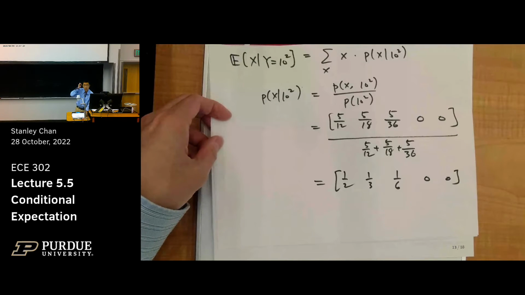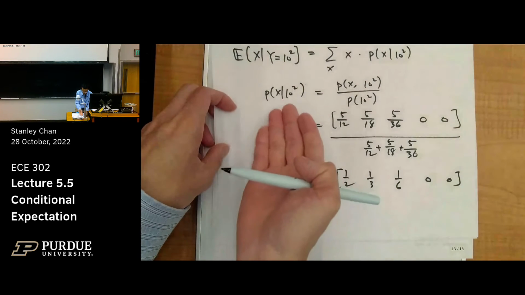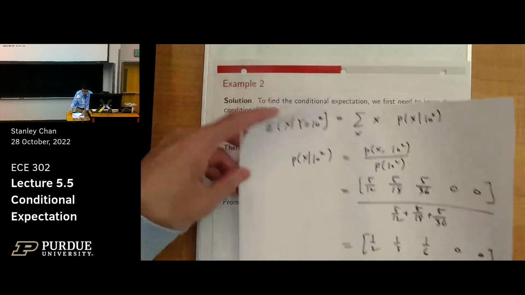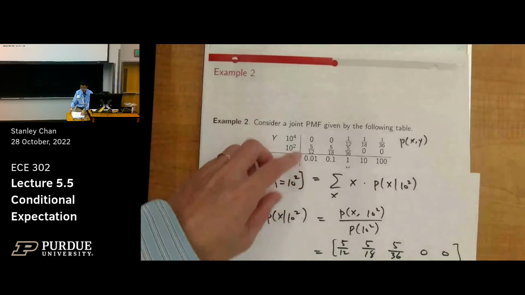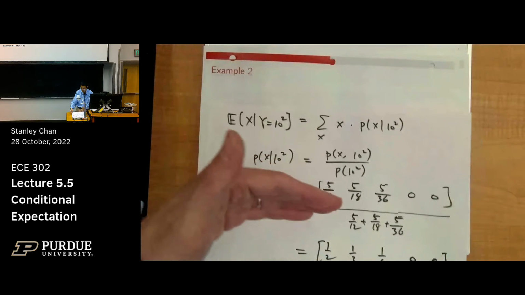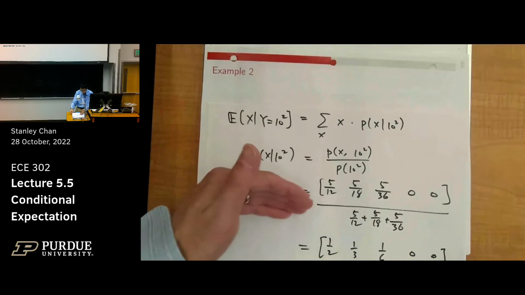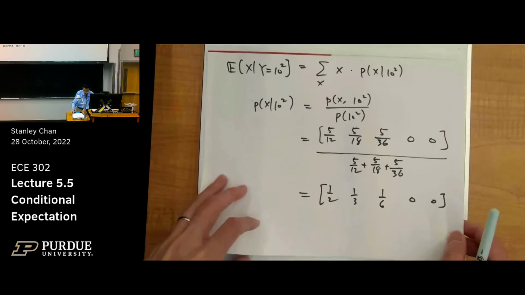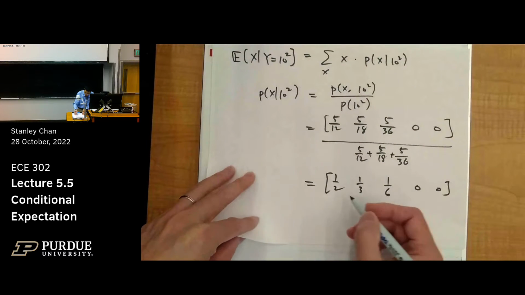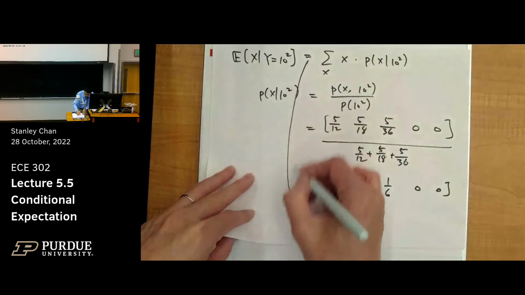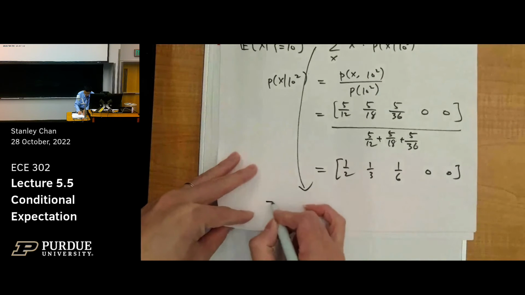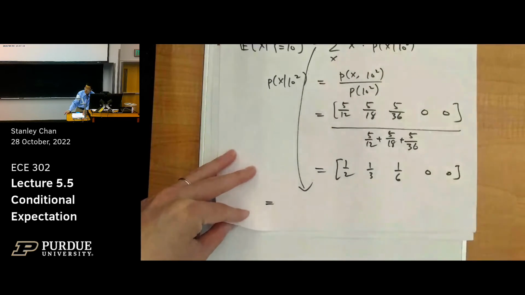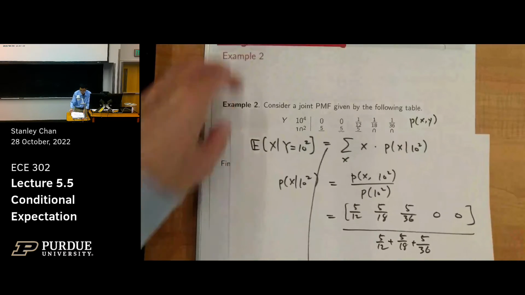Okay, so this is your conditional mass function for this table. Starting from this table, you do this calculation, just the definition, and you can find this conditional mass function. And once you have this conditional mass function, you go back to here. So here you have the summation of x times the conditional probabilities. How should we do it?